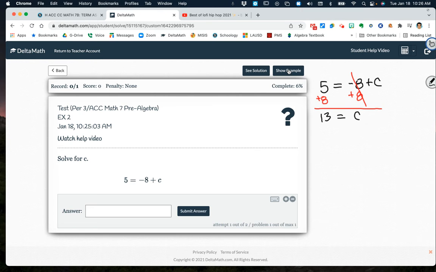Okay, now here's an important topic. Notice the answer here ended up being 13 equals C. Are we comfortable with that answer? Is that okay? It is. If I'm not comfortable with it, what can I do? How can I rewrite it somehow? C equals 13? Yeah, just rewrite it. Now, this is simple enough when you have equations, things with an equal sign.